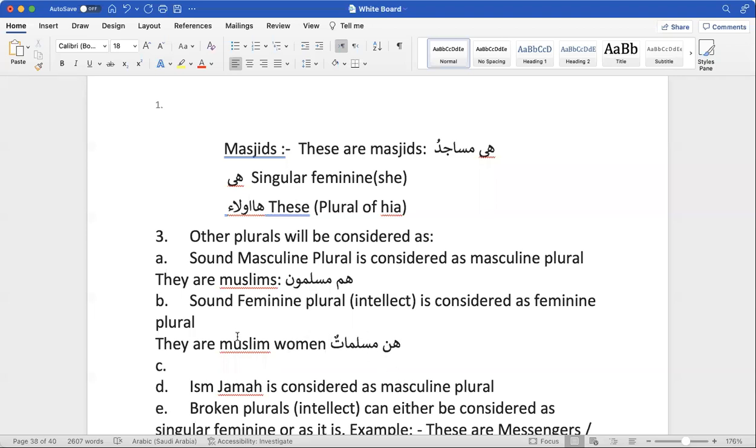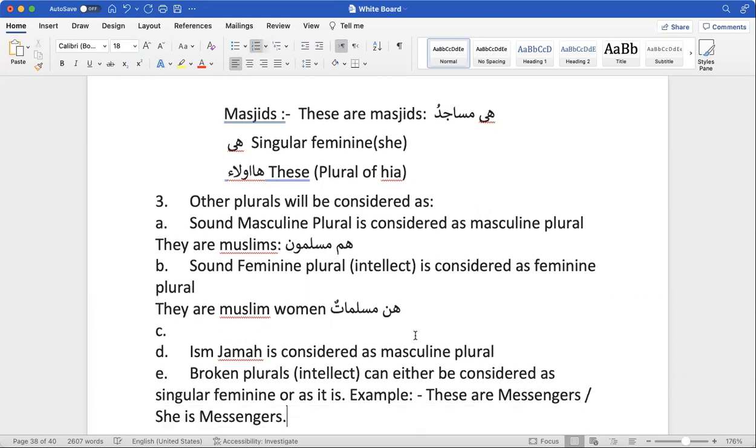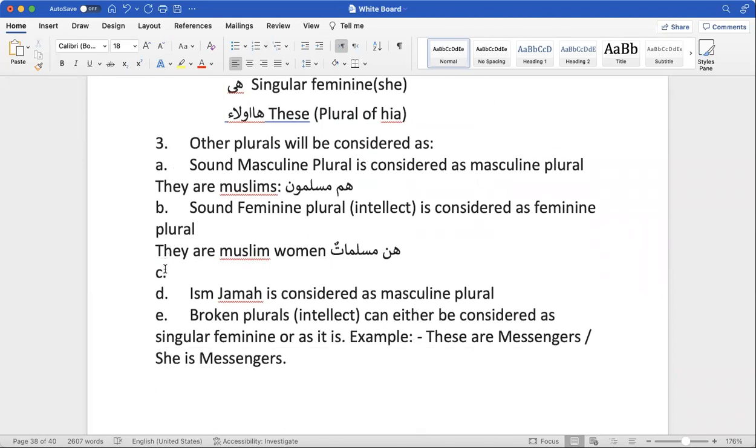So if I address these plurals, I will address them using pronouns, attached pronouns or independent pronouns, detached pronouns, with the appropriate pronoun which matches the number and gender of those plurals. Okay, so far clear? So that rule which I taught you is applicable to the non-human plurals, whether normal or broken: they will always be treated as singular feminine.